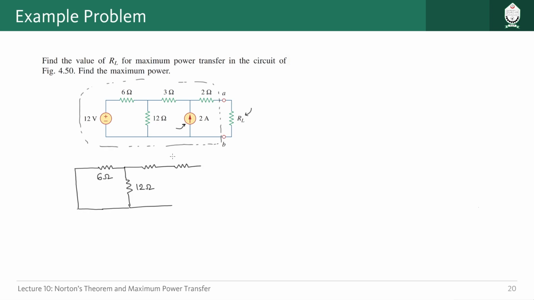Then we have another resistor which is 2 ohm. This one is 3 ohm. And this is terminal B, this is terminal A. Now we can find out the value of Thevenin resistance here, which is actually 3 plus 2 because of these two, and that portion is in series with this particular portion here, and here these two resistances are in parallel with each other, so we can just write 6 parallel with 12, right?